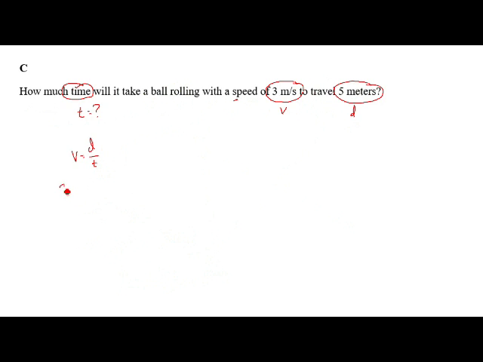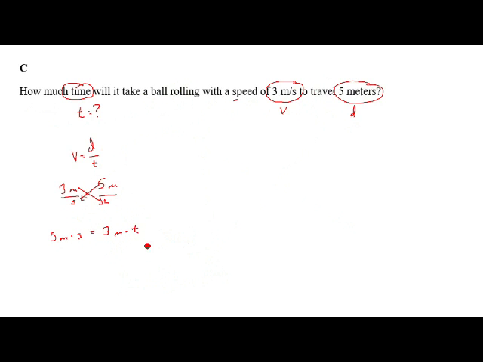We have 3 meters per second, which goes in place of the v. Distance was 5 meters. Time is still an unknown in this case. Cross multiply: 5 meters times seconds equals 3 meters times time.